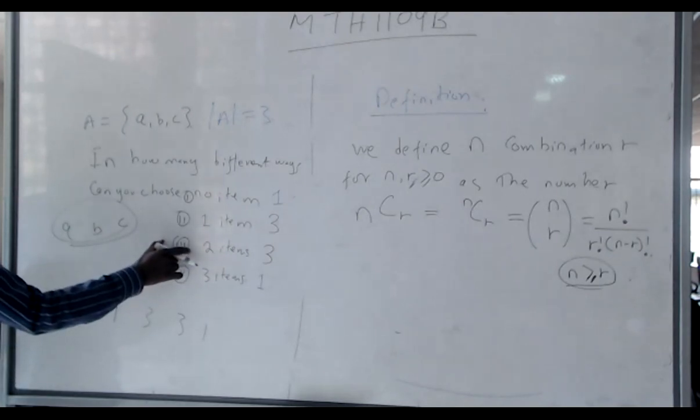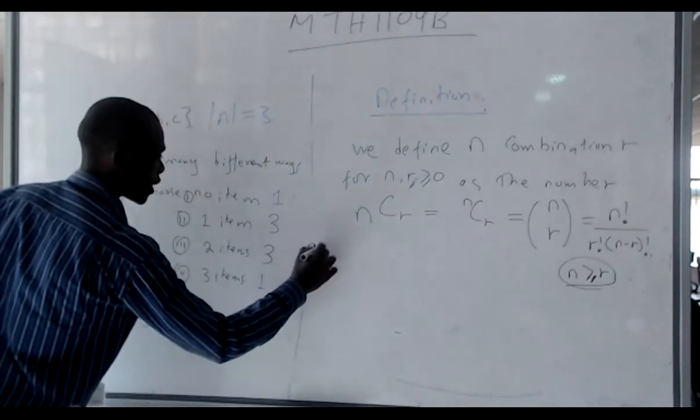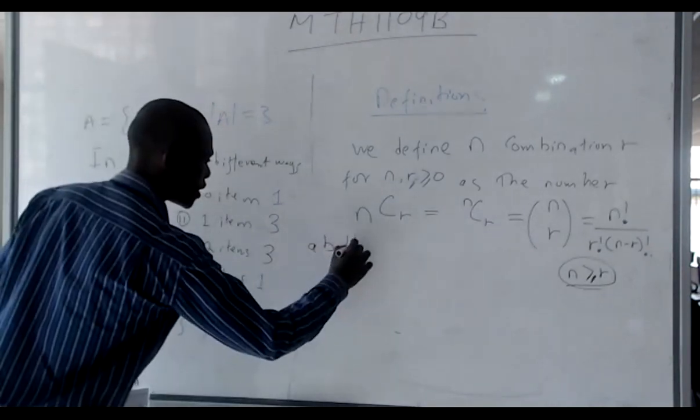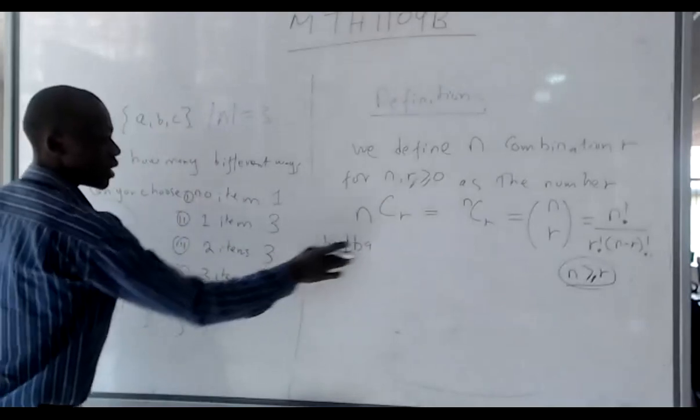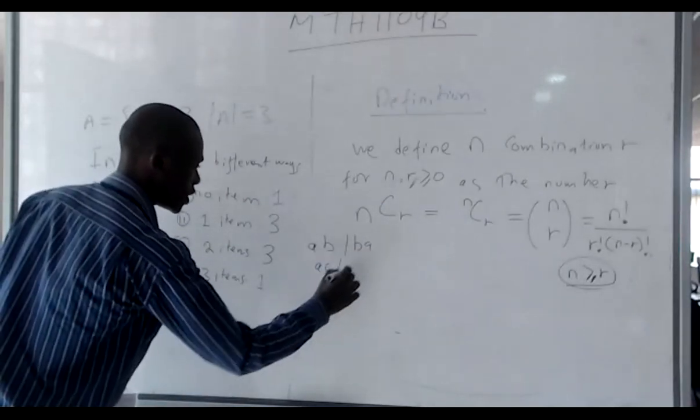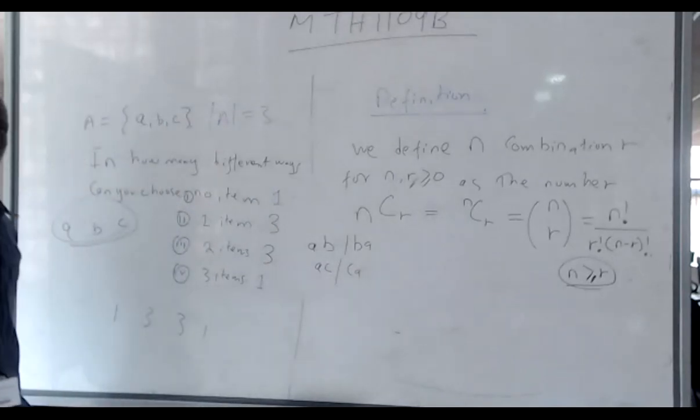For the second one, I could choose A and B. Whether I choose A and B or B and A, this is only 1 because there are only 2. Or I could choose A and C. Whether A and C or C and A, it's the same.